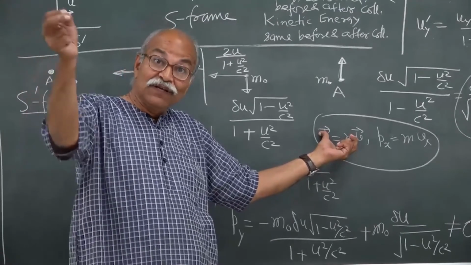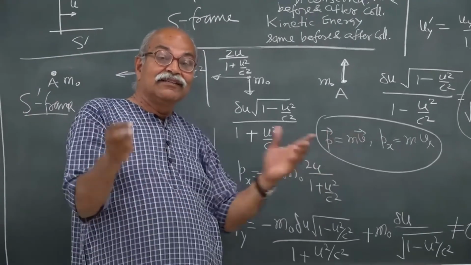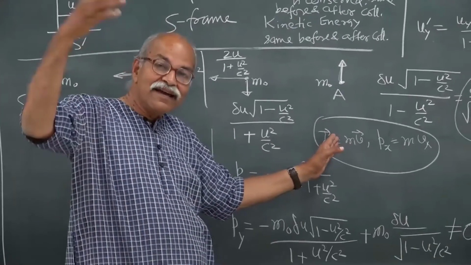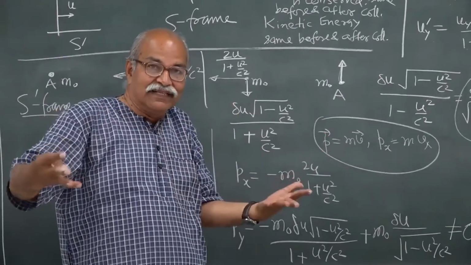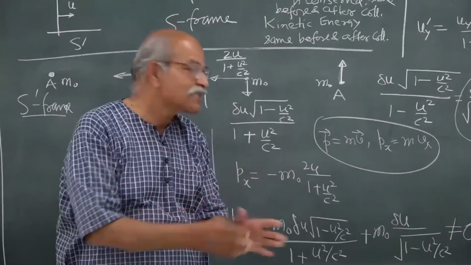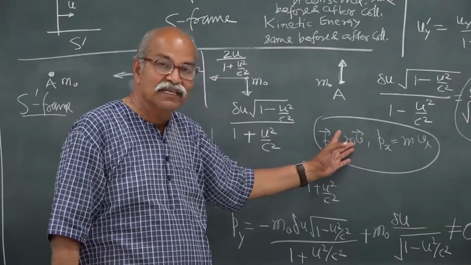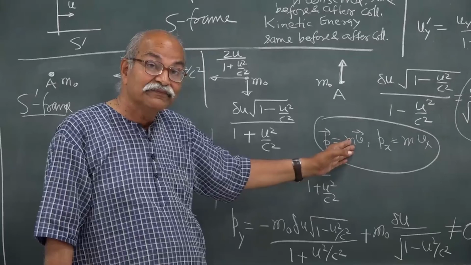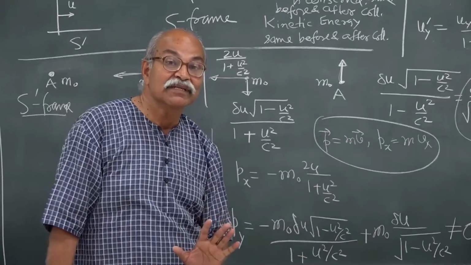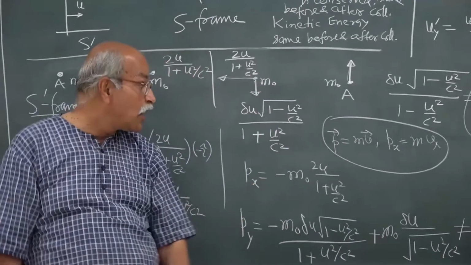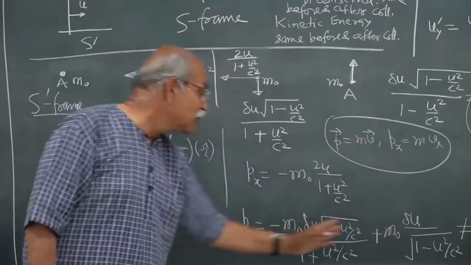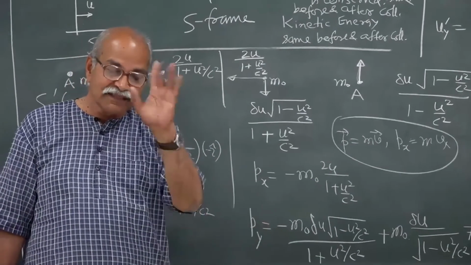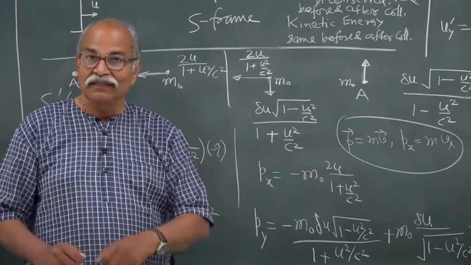So at low velocities, the linear momentum should reduce to this, but at higher velocities, or in general, the linear momentum should have a slightly different expression, which should reduce to this when you go to the lower velocity limit. So how to do that? How to redefine this so that the linear momentum conservation principle remains valid? That is the thing that we have to take next.